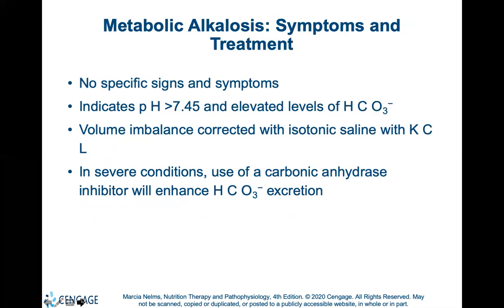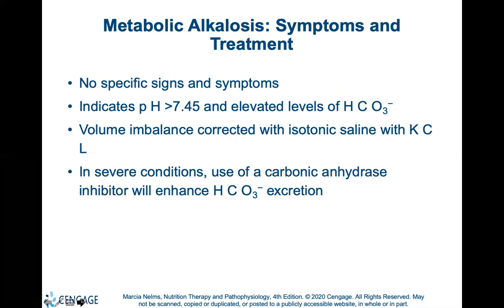Arterial blood gases in metabolic alkalosis will indicate a pH of greater than 7.45 and elevated bicarbonate. There are no specific signs and symptoms for metabolic alkalosis. Signs and symptoms are determined by accompanying conditions of volume deficit or electrolyte abnormalities.